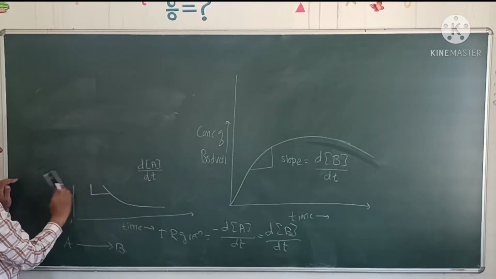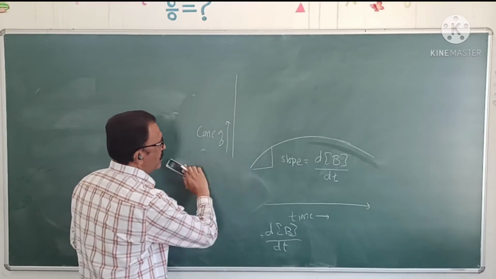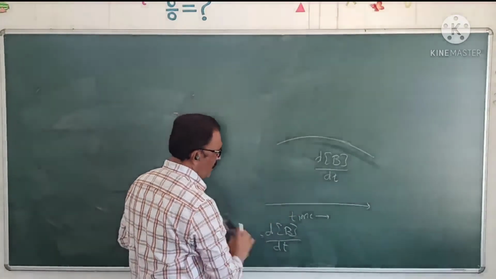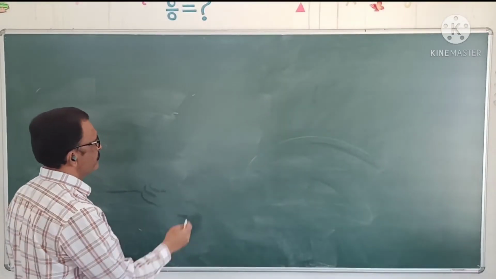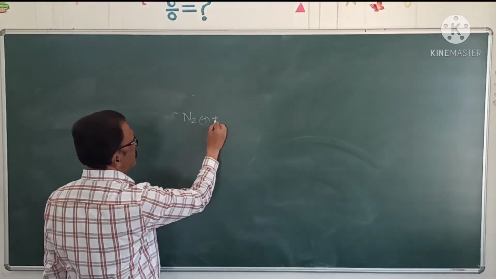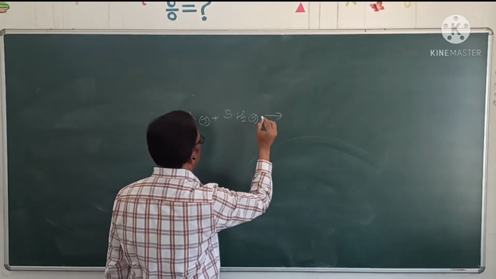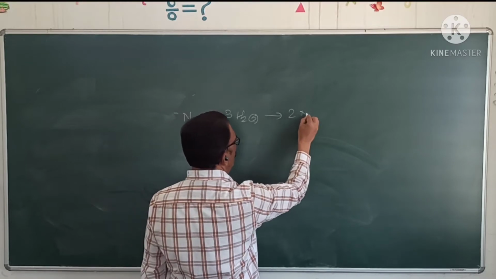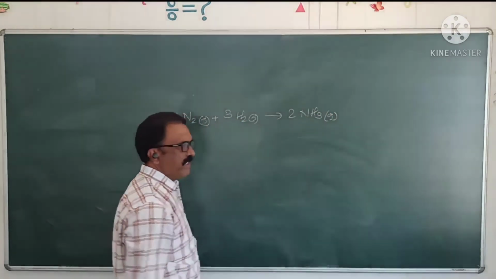can be explained with the help of one reaction. That is, consider the reaction between nitrogen gas, which reacts with three moles of hydrogen gas to give 2 moles of ammonia, NH3, in the gas phase.